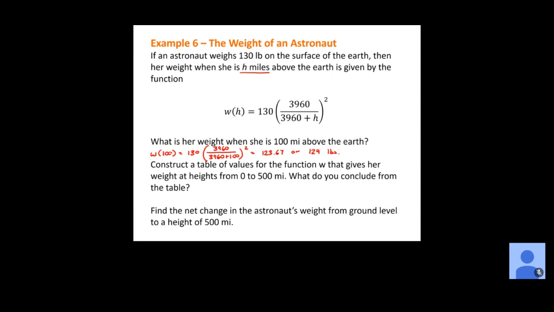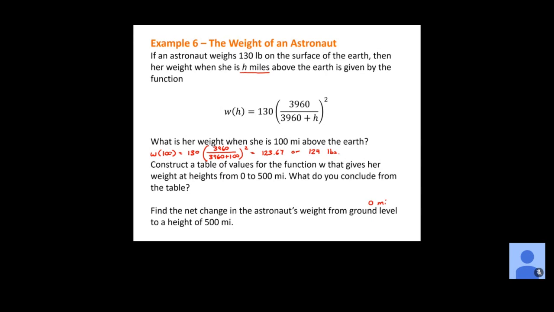I want to focus now on this last piece, the net change in the astronaut's weight from ground level to a height of 500, right? Because if we can calculate the ground level and the 500, that's the main thing I want to think about this time. Well, in this case, ground level would be a height of 0, because we're 0 miles above the Earth. So I'm going to let this be 0 miles. And we want to go up to a height of 500 miles.